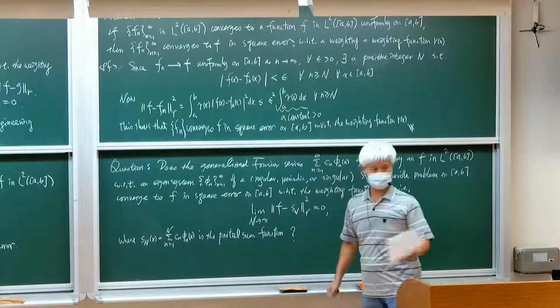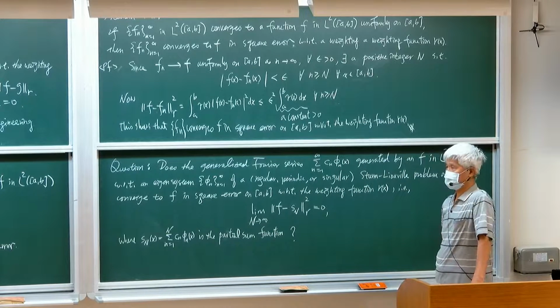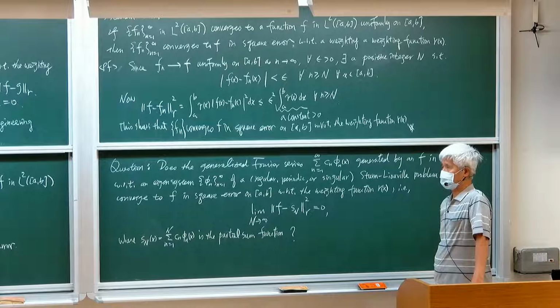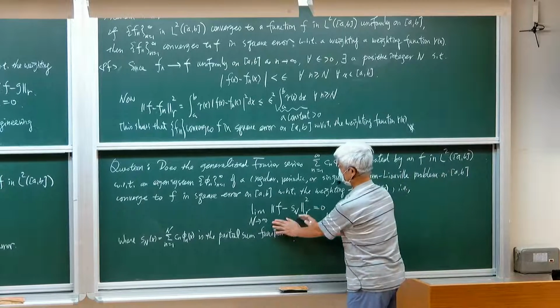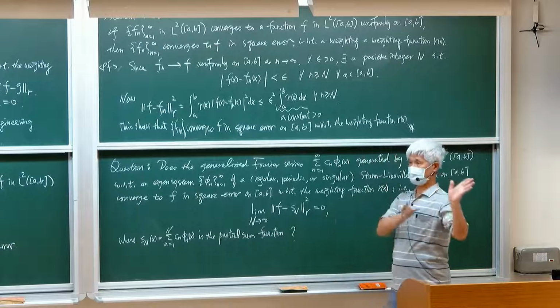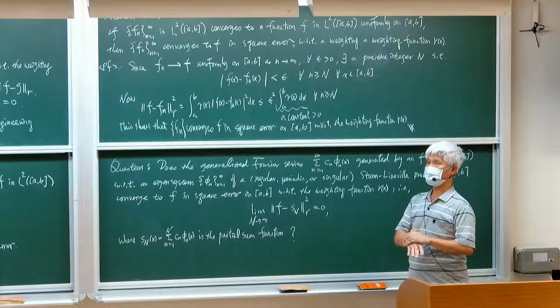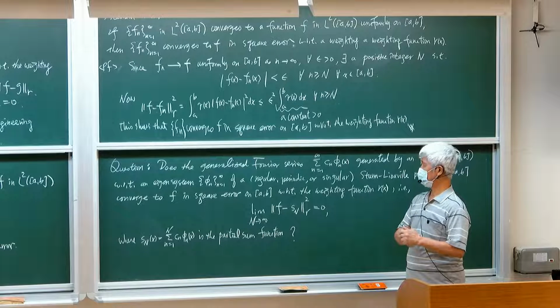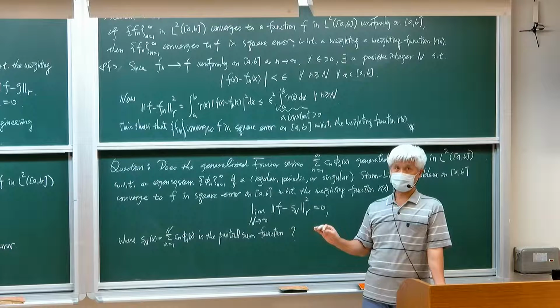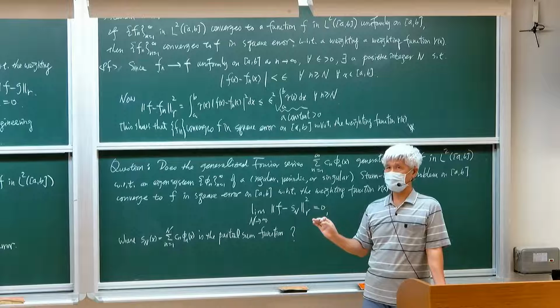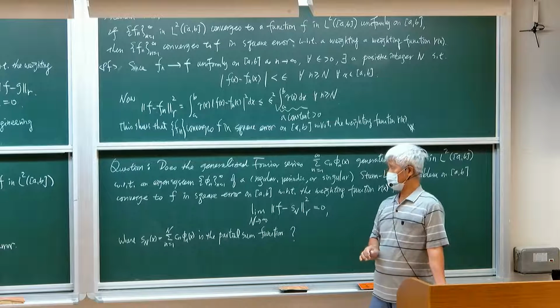So the question is here. The convergence concept is different from the concept we studied in section 1 and section 4, where we considered pointwise convergence or uniform convergence for all points in the finite closed interval a to b.